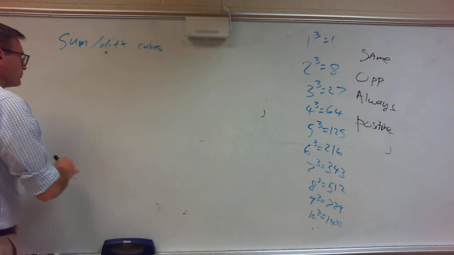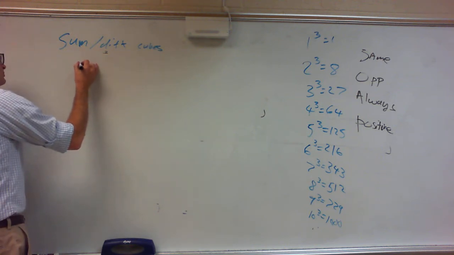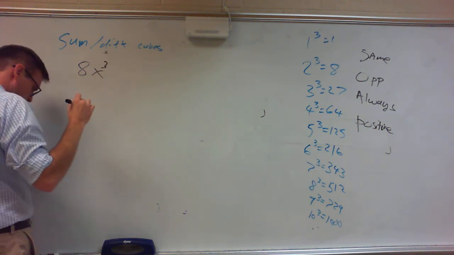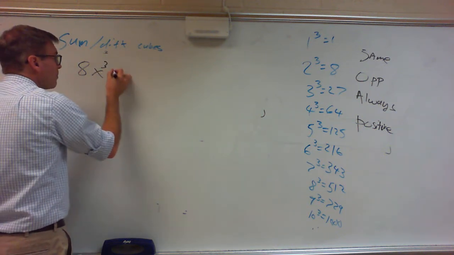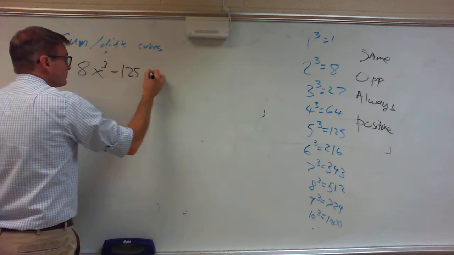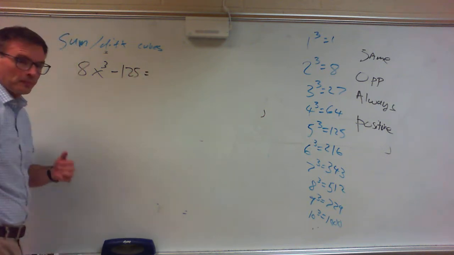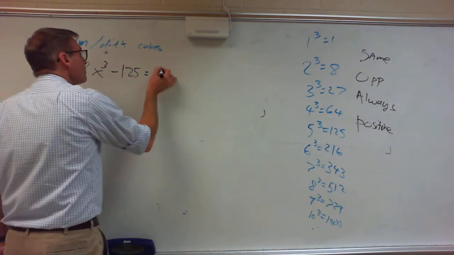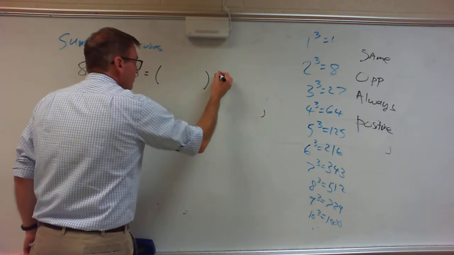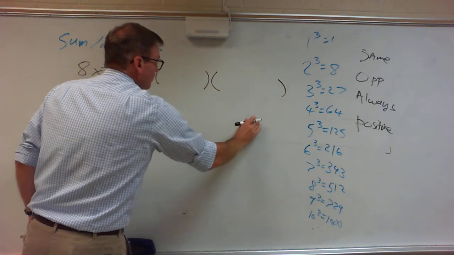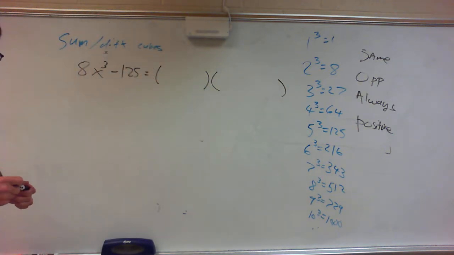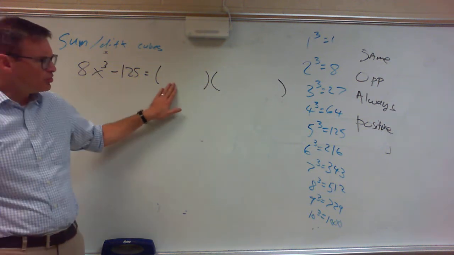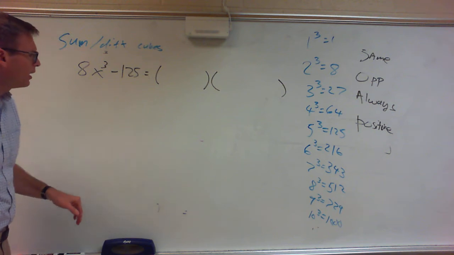So last example. Let's say I give you 8x cubed minus 125. I know it's going to be a 2-part thing and a 3-part thing.